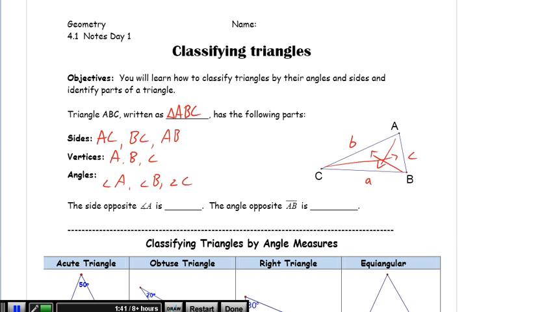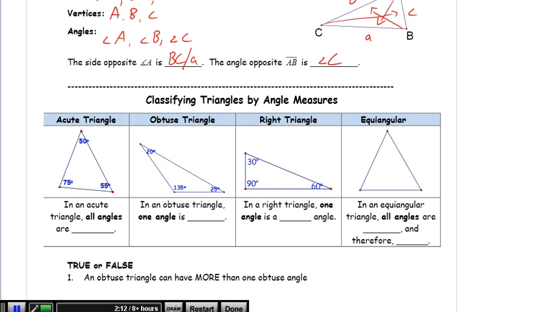The side opposite of angle A, so straight across from angle A, is either a, or you could say it's BC, either one, if it was labeled as a. The angle opposite of AB, so look where AB is at, and now the angle directly across from it, if you could draw a line from AB across, would be angle C. So again, just getting familiar with this, making sure we know what's what.